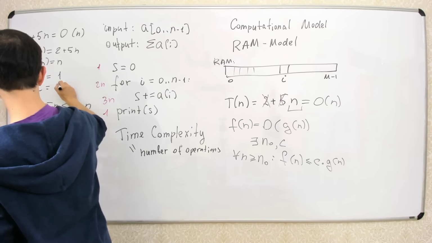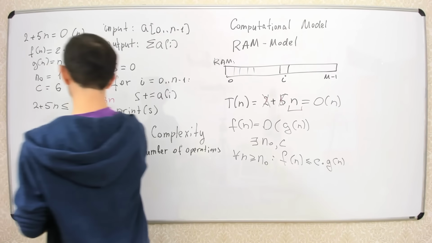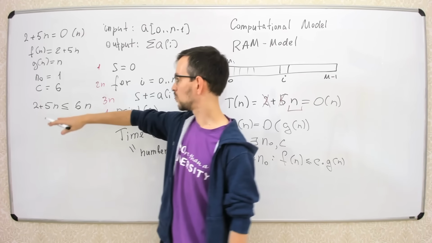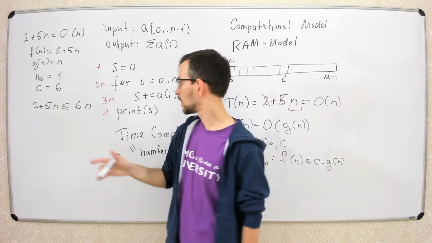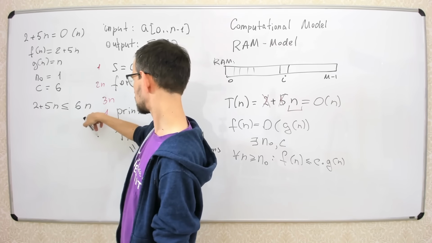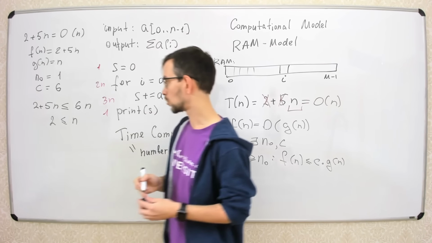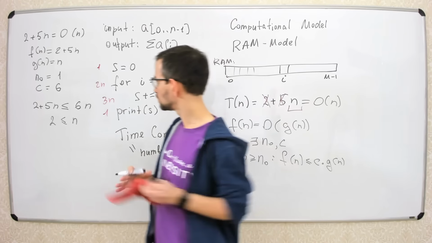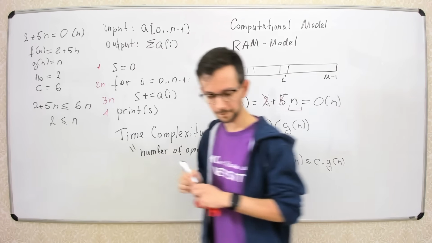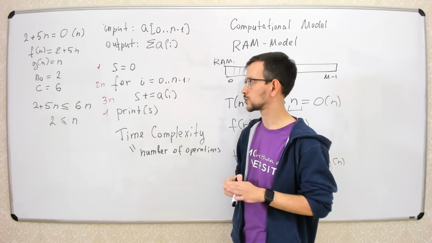If we take c equal to 6, then we have this inequality. Let's move terms to the right and remove this, and we will have something like n greater or equal than 2. So if we take n0 equal to 2, we will have a true inequality.